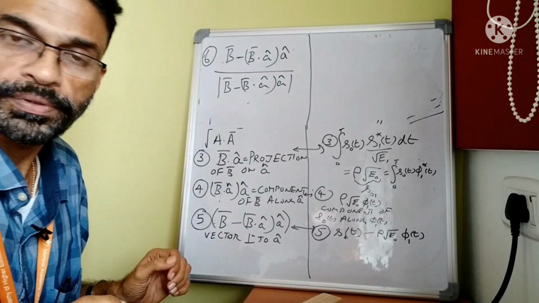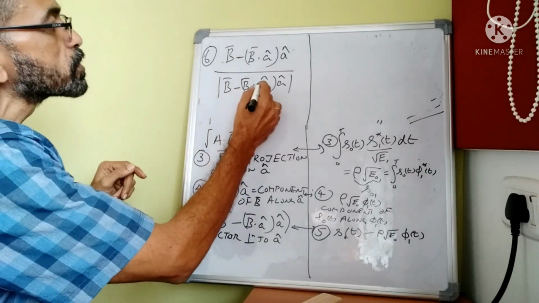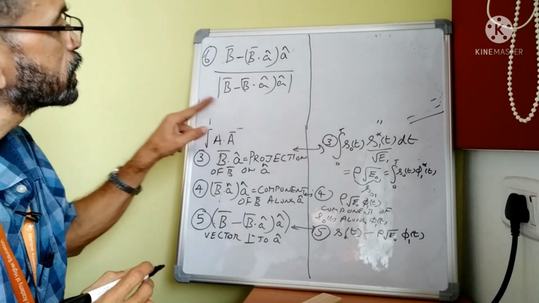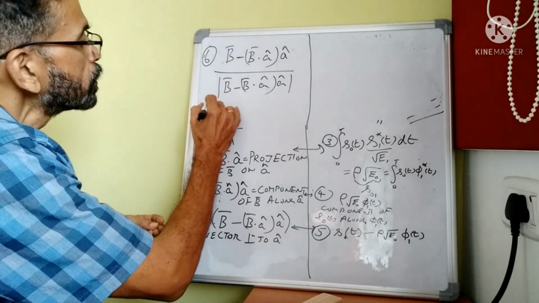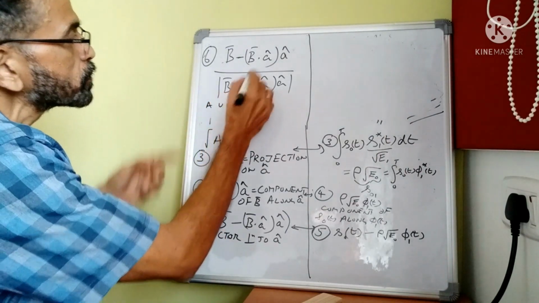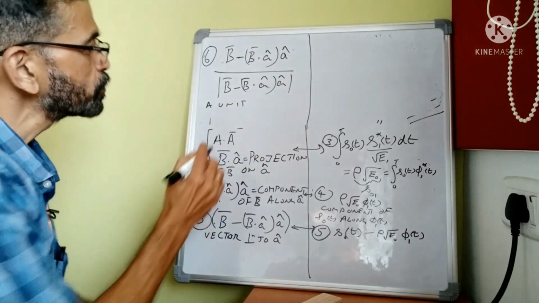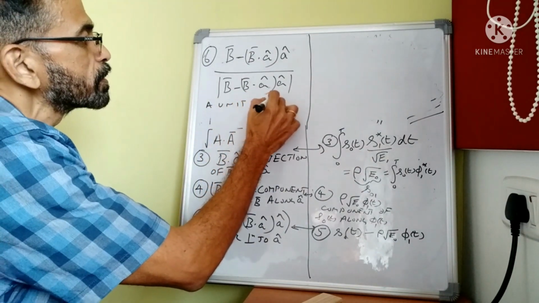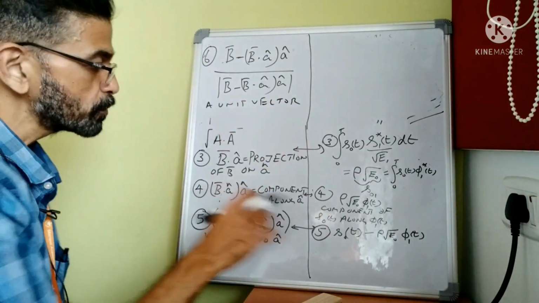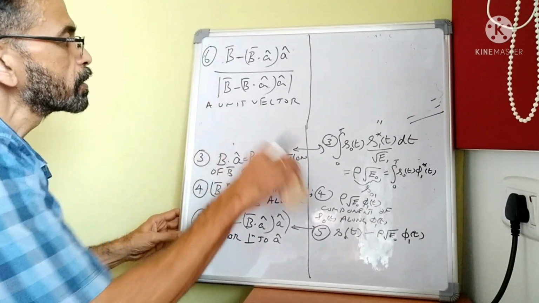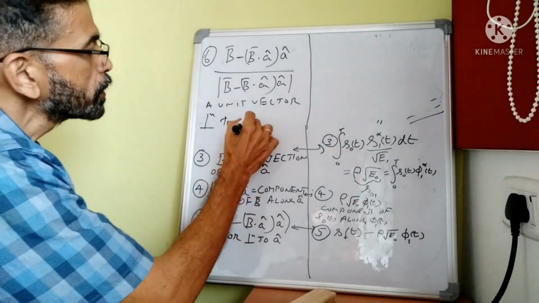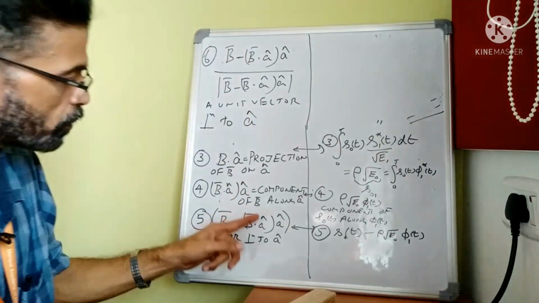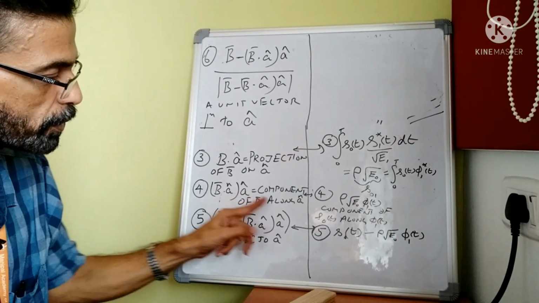its magnitude. So what happens when you divide this by its magnitude? You will get a unit vector, because when you divide a vector with its own magnitude, you will get a unit vector. Also, that unit vector will be perpendicular to A cap, because we have already seen that this is perpendicular to A cap.